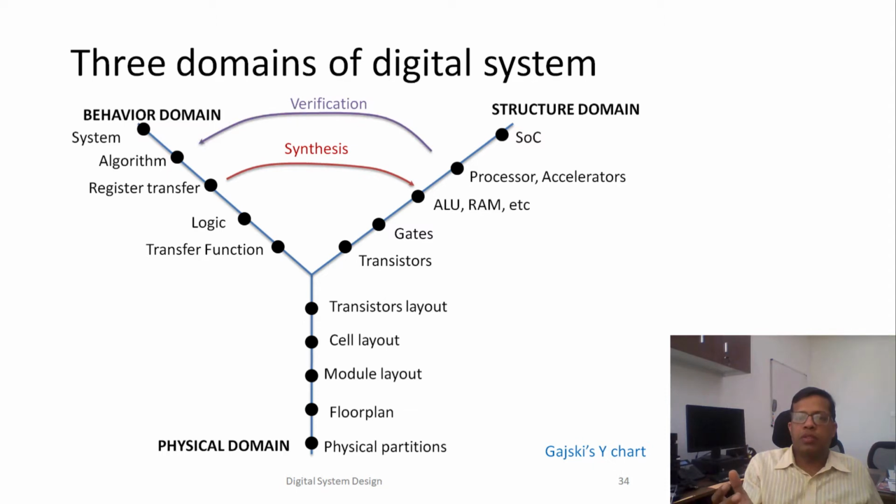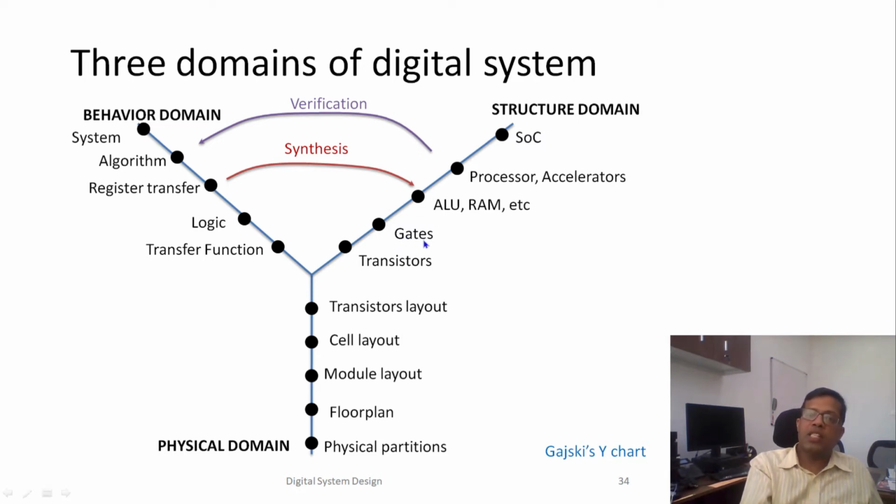Now from the structure level also we would like to verify, so that's also a verification step which always goes in parallel with the synthesis step. The next step: after this whole process of synthesis and verification, finally we will have the list of gates and how they are connected.